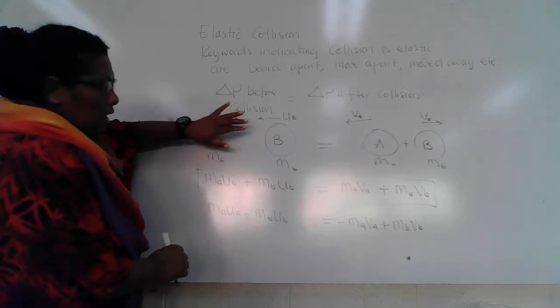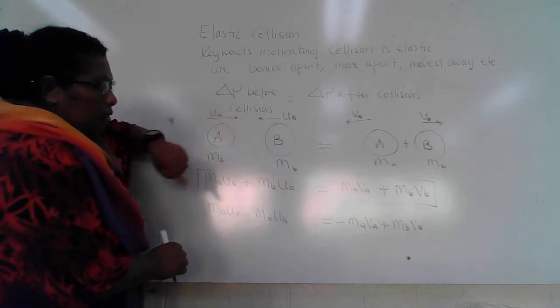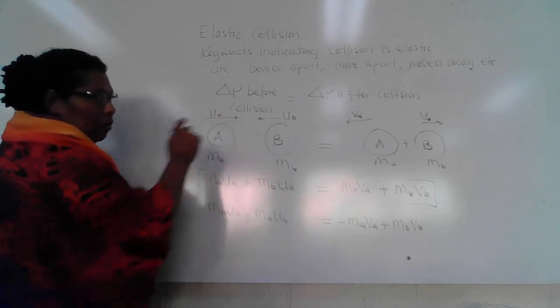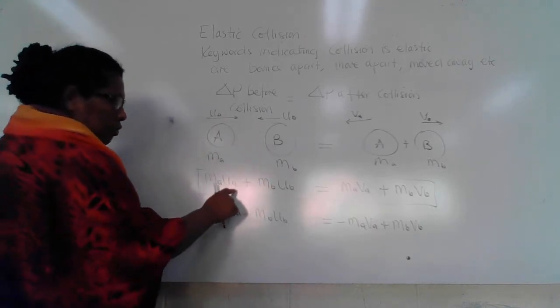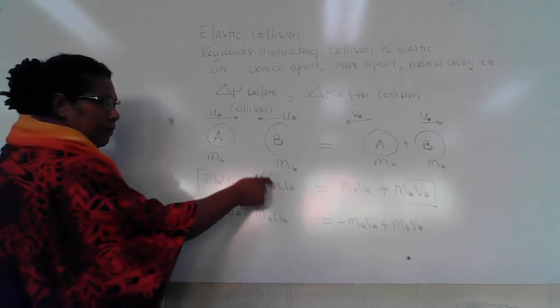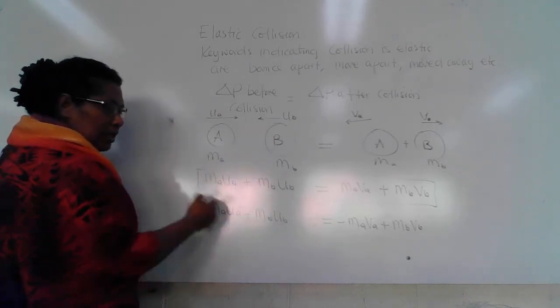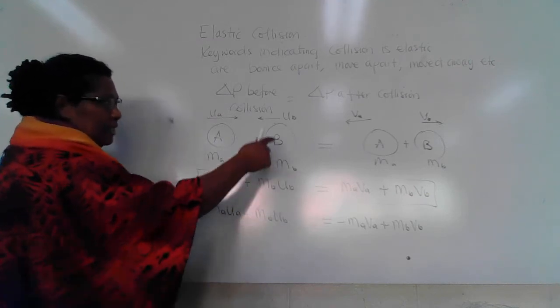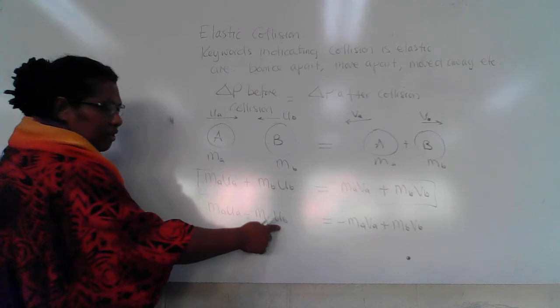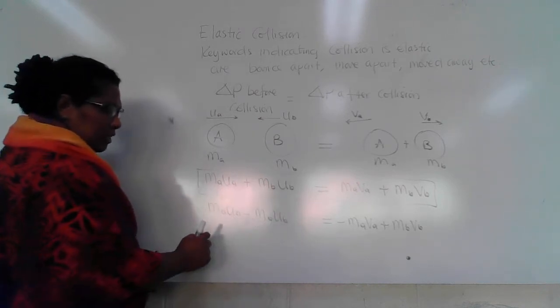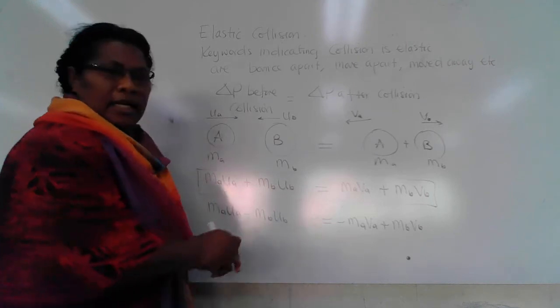Take note that momentum is a vector quantity, and so the signs will change according to the direction. The general formula indicates the sum, but because this is traveling in the opposite direction, we have the mass times a negative velocity, whatever the value will be, and so you will have this as a negative. Okay, so we'll take an example now.